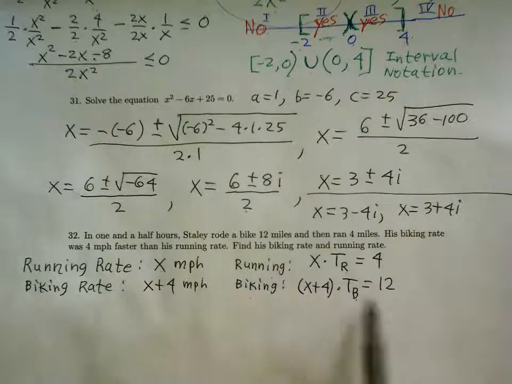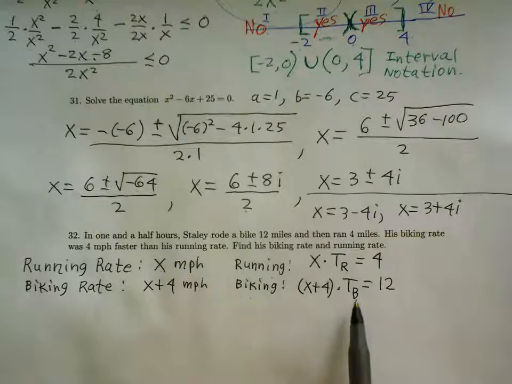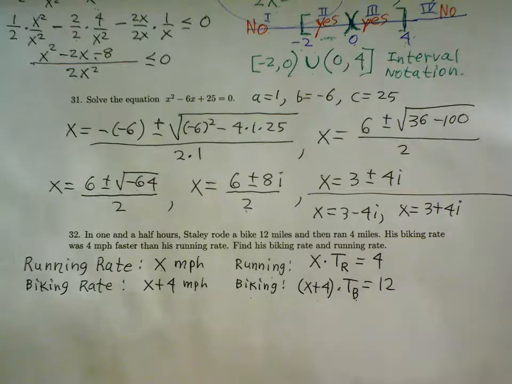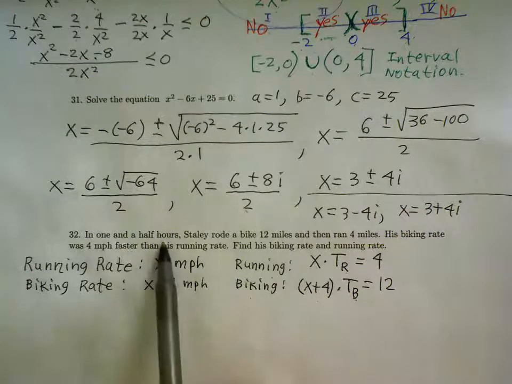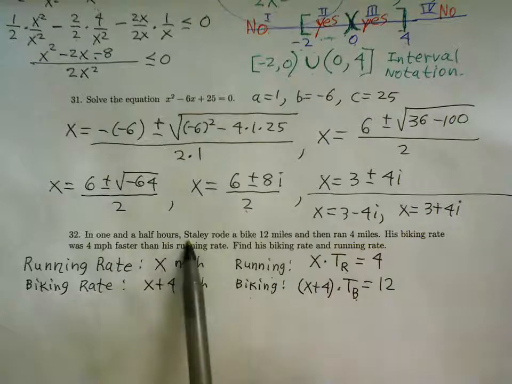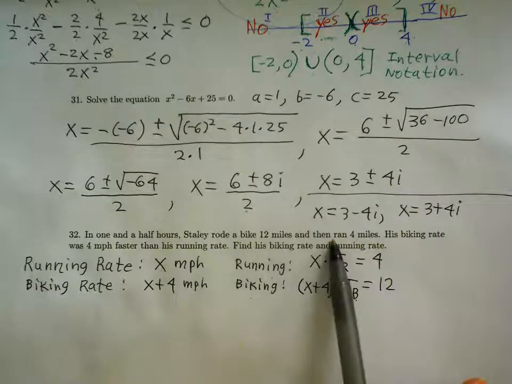Okay, then what does the problem tell us about the relationship between T sub r and T sub b? That is, the amount of time running and the amount of time biking. Well, in the first part of the first sentence, in 1.5 hours, so a total of 1.5 hours, Staley rode a bike 12 miles and then ran 4 miles.